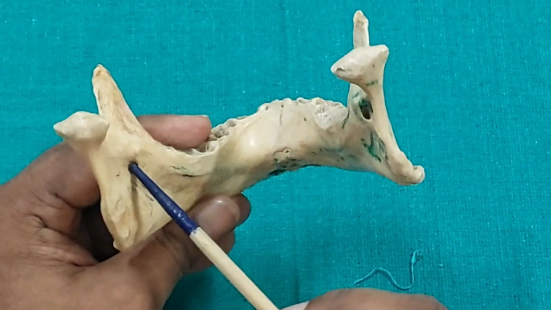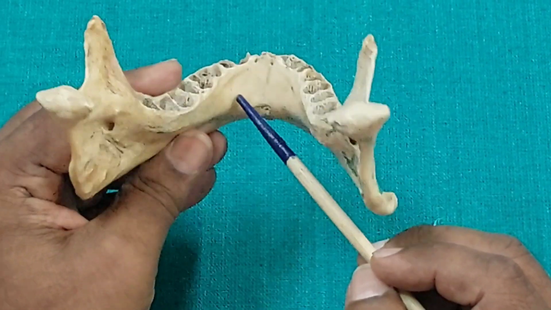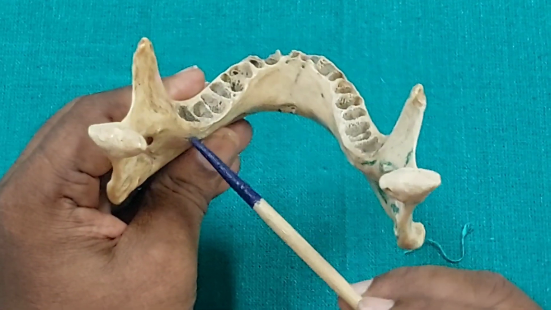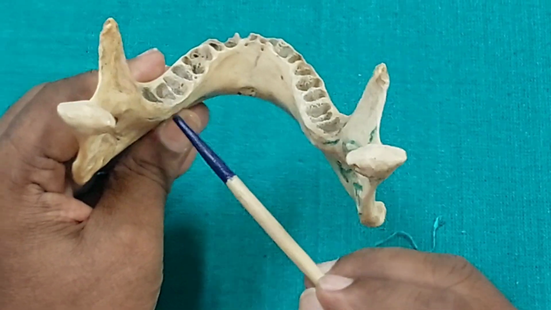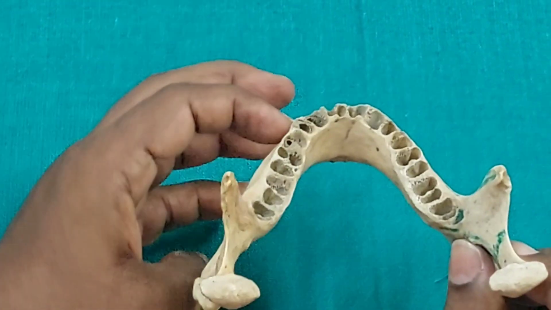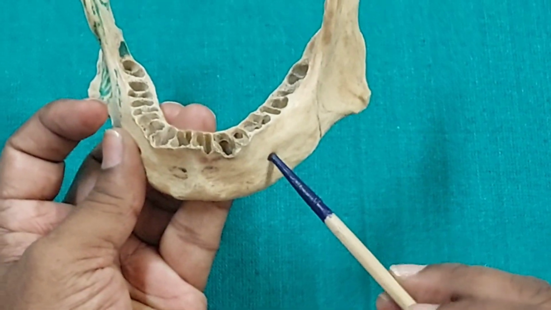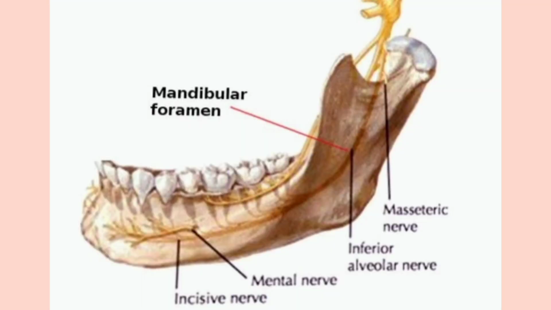So the inferior alveolar nerve, while passing through the mandibular canal, gives sensory supply to the different teeth, and ultimately the nerve comes out to the anterior surface through the foramen called the mental foramen, as the mental nerve. I already told you.